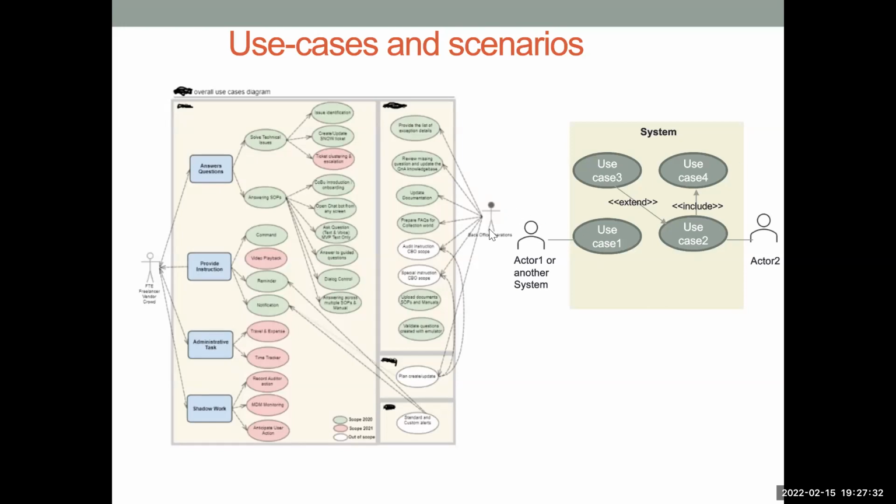Usually there are actors, which are outside the system. There is a system, and there are the use cases, basically the functional requirements, the interactions between the user and the system. The actors can actually also be a system, another system. So it could be system-to-system interactions, or users to the system.